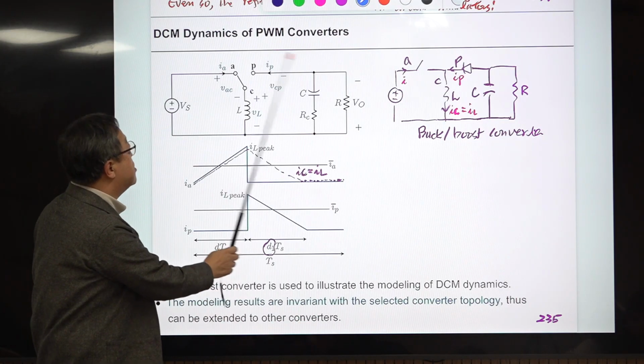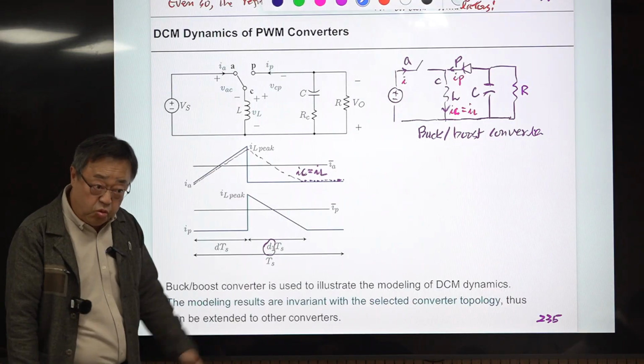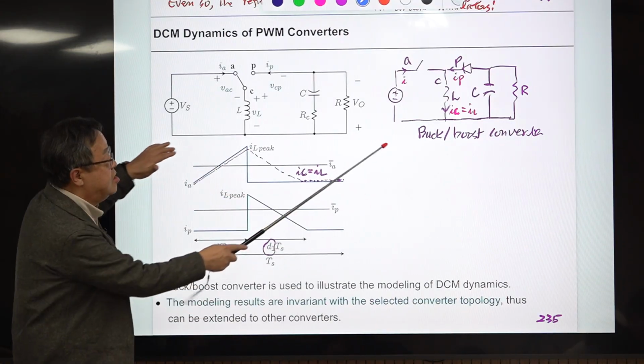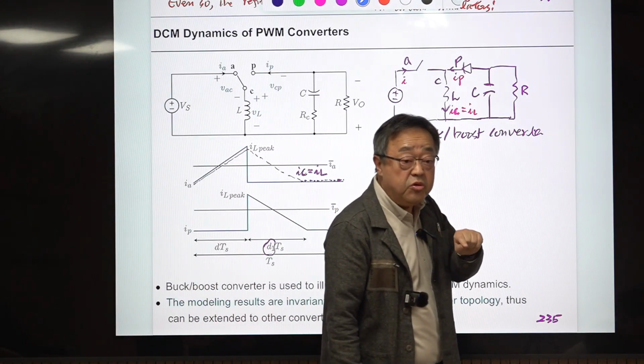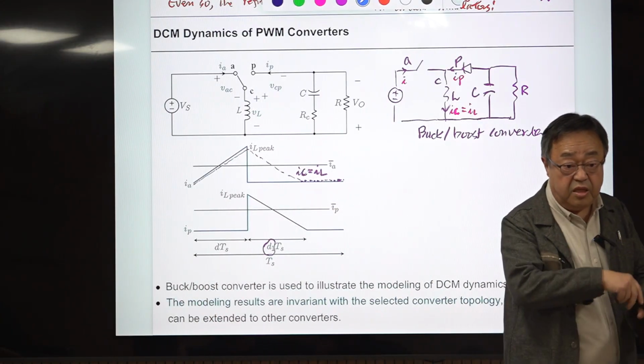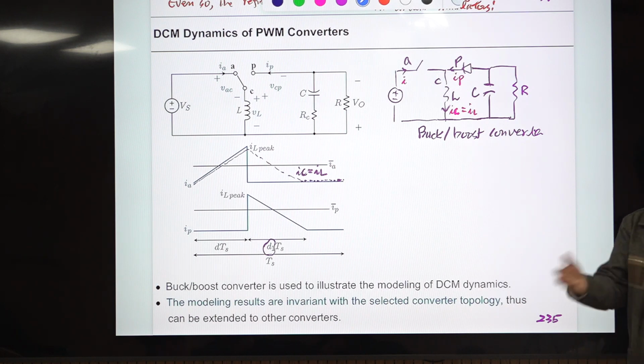So we are using this buck boost converter as an example to derive all the equations, because this converter is most convenient to use for this purpose, but the result can be extended to the other converters, boost and buck, or any other PWM converters.